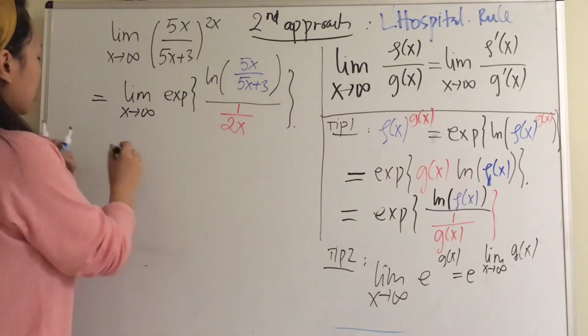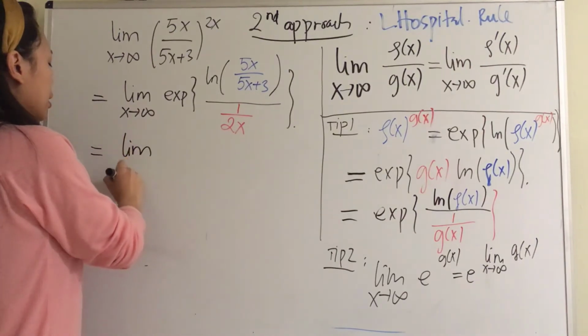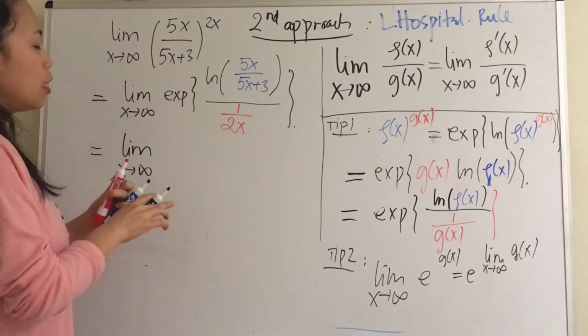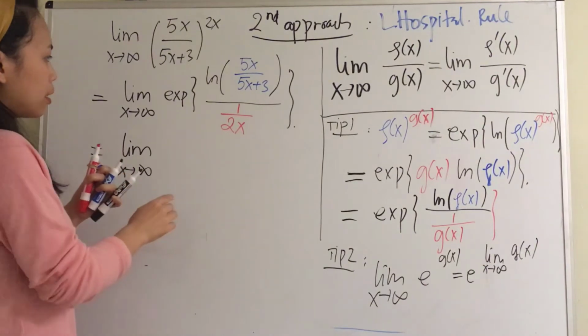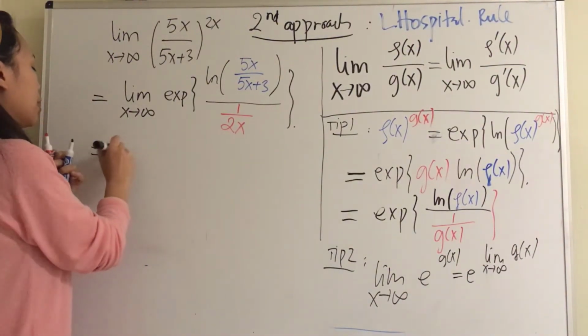All right, so this equal to what? This equal to the limit as x approaches infinity of, here I'm going to use the second tip. So I'm going to bring the exp outside.